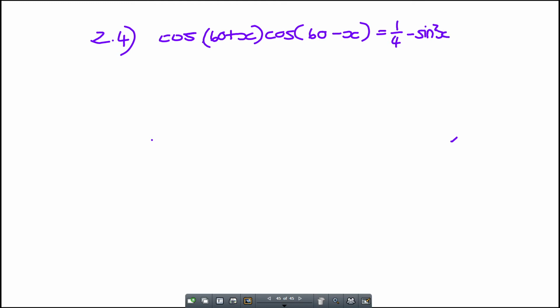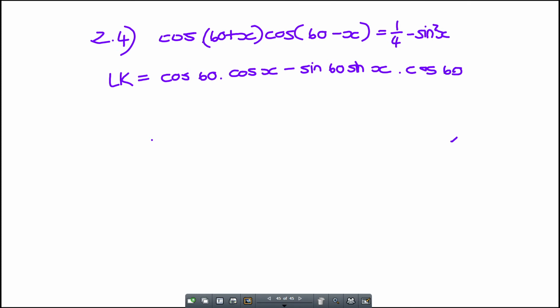Yeah, like that. Goed. So let's work with the left-hand side. Linkerkant. Okay, ek het saamgestelde hoekies. So let's change that. So that will become cos 60 cos x, sign changes, en dan sin 60 sin x, and then cos 60 minus x will become cos 60 cos x.